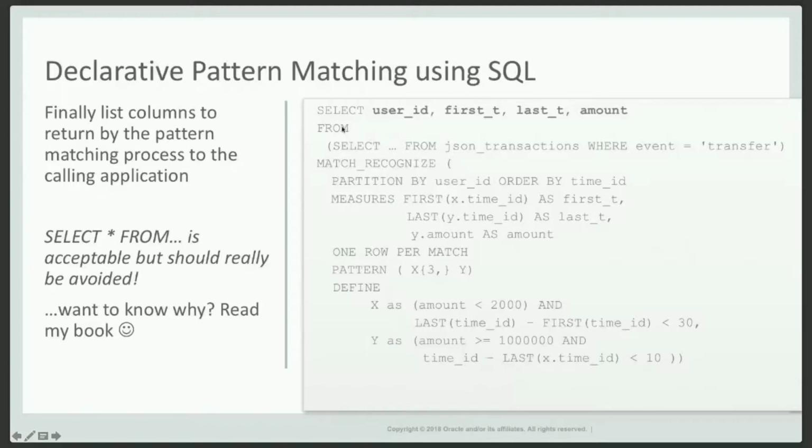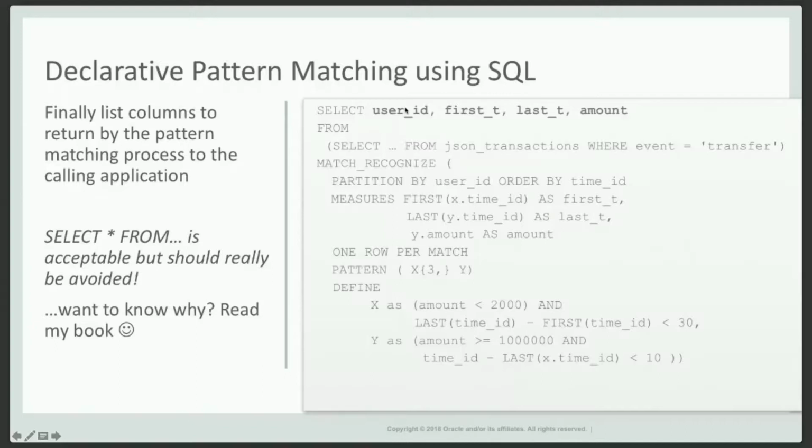Normally from the from clause, you would pull out the columns from that table. Here, you're using the from part as the input to match recognize, and match recognize is returning you a new set of columns that you can then select from.